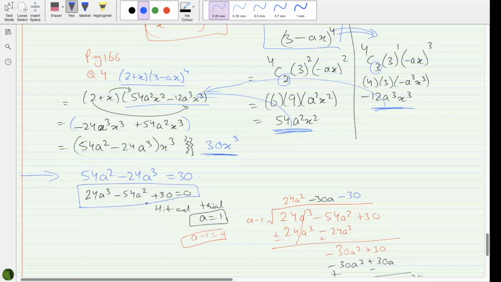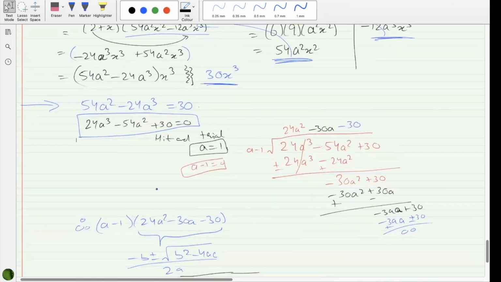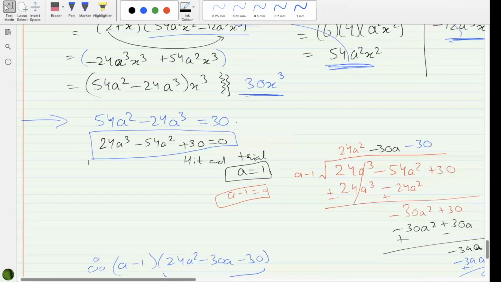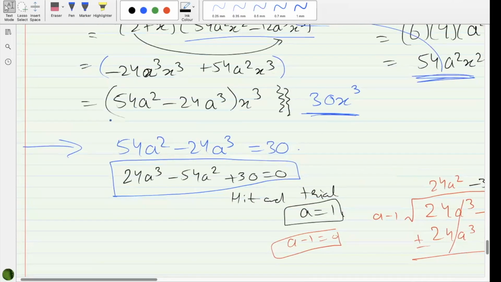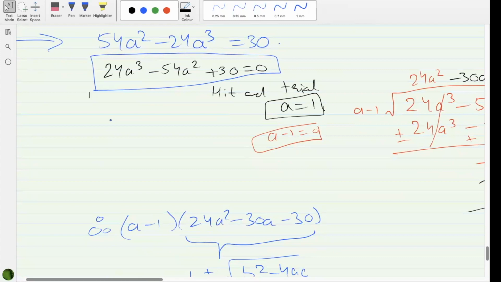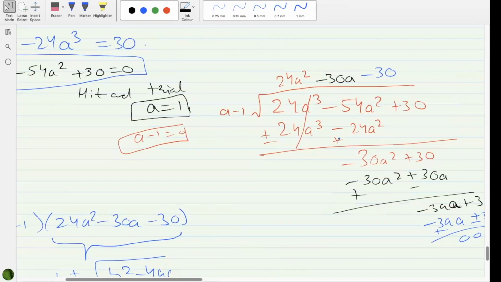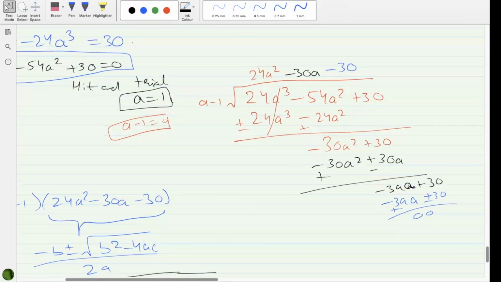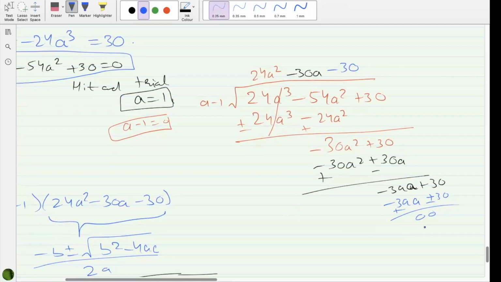Now the task, which we did in chapter 5, is factorizing the cubic term. So first was hit and trial. When we placed 1 in this, we got 0. So that means a minus 1 is a factor.